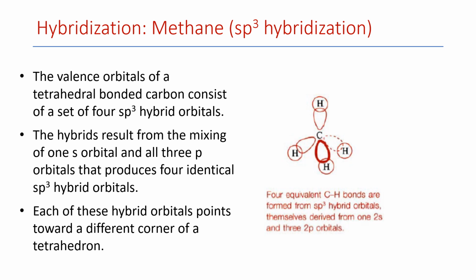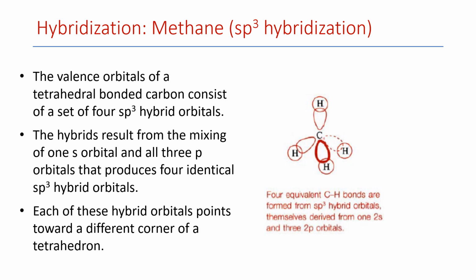All bonds are sigma bonds, and all bonds are equivalent. They have the same length and the same strength, because they result from the interaction between an sp3 hybridized orbital of the carbon and the 1s orbital of the hydrogen.